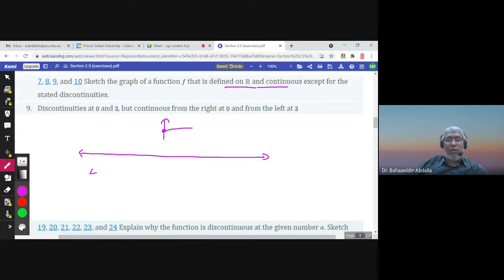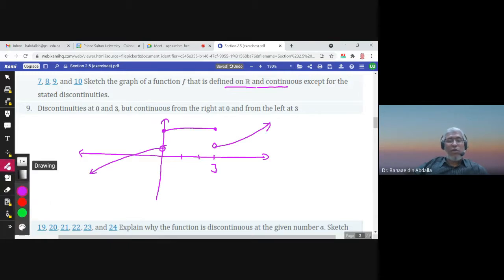Now, continuous from the right at 0 and from the left at 3. So this is 3, so it has to be continuous at the left of 3, but at the right it is not continuous.